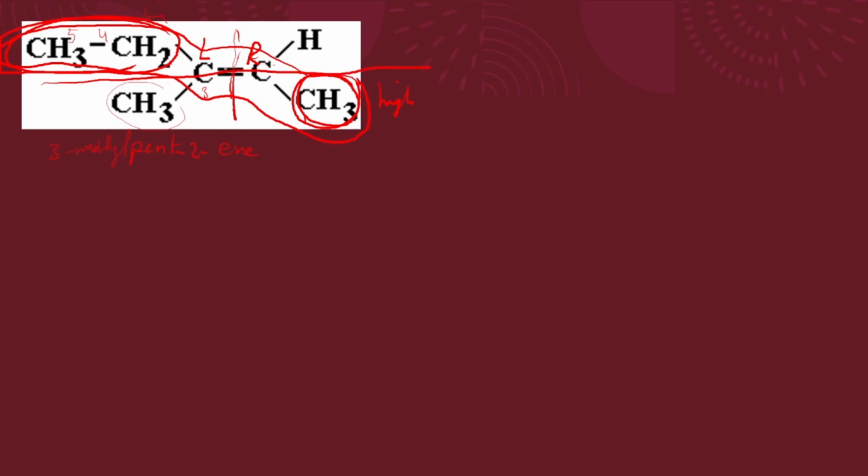I drew this axis to check. Are they on the same side or different sides? They are on different sides. This one is above the line of the double bond, and this one is below. So basically I have a trans isomer. Trans isomer is E. Okay, so I have E-3-methylpentene.